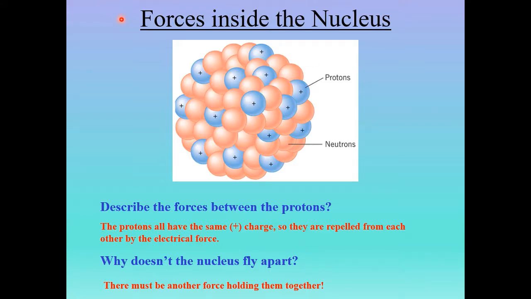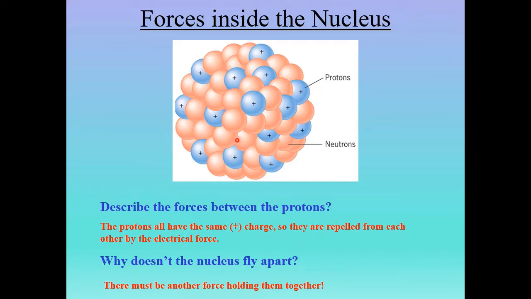Let's now turn to forces inside of the nucleus. As we've said, we can think of the nucleus as a glob of protons and neutrons. They're actually moving around inside, but you can think of them as a fairly tightly packed ball of protons and neutrons.